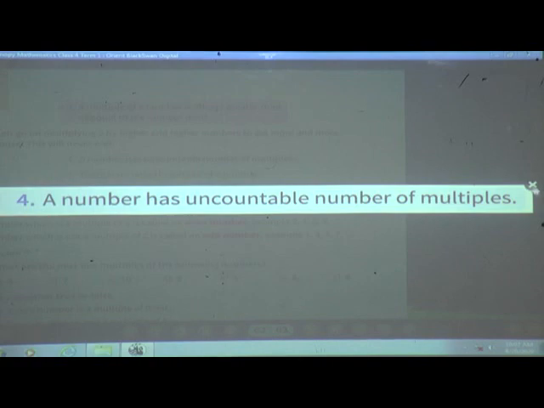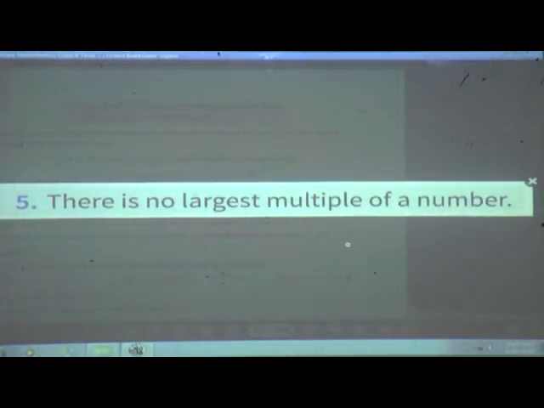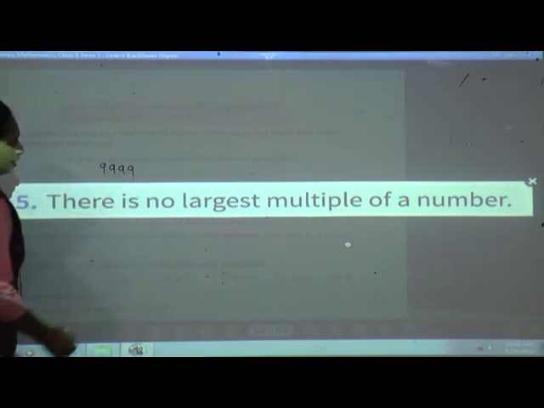Clear? Yes. Now the last one. There is no largest multiple of a number. See, why are they saying this? Because there are uncountable numbers. Here we have studied what is the largest 4 digit number, you can say 9999.